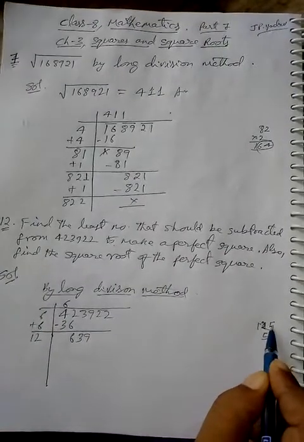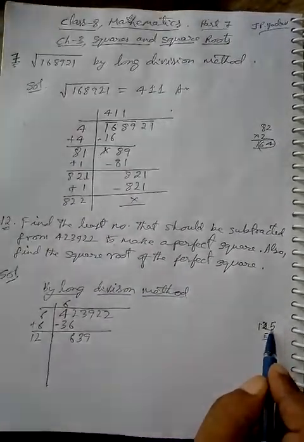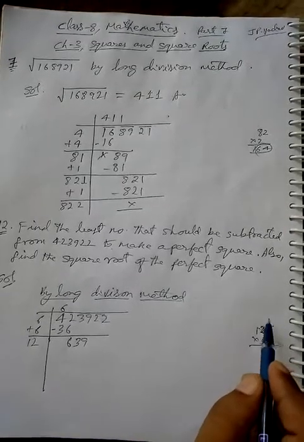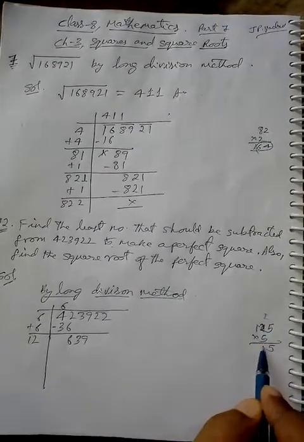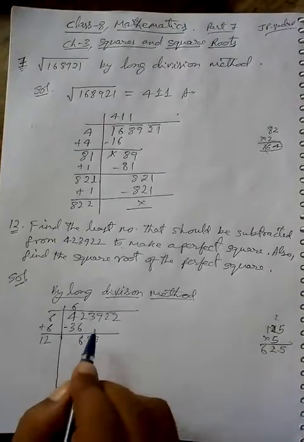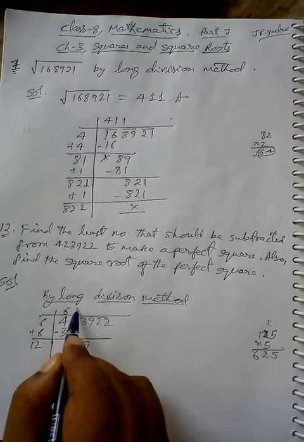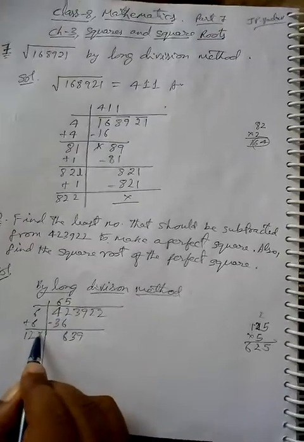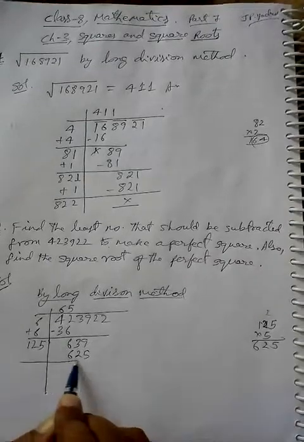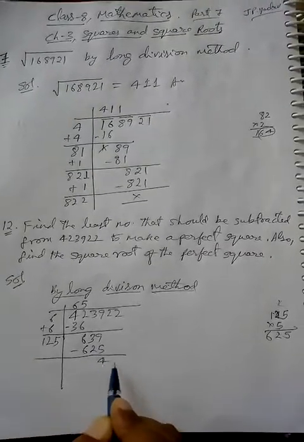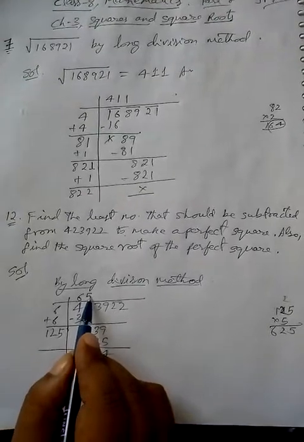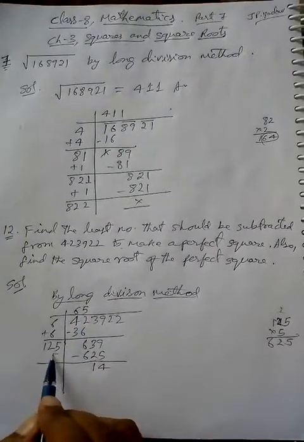12 5s are, means it must be multiplied, 125 with 5. 5 5s are 25. 5 to the 10, 12, 5 to 5, 6. It becomes 625. So we will write 5 here, here also we write 5, so it becomes 625. Now subtract it. You get 14 here. But we know that whatever we write here in the quotient part must be added here.